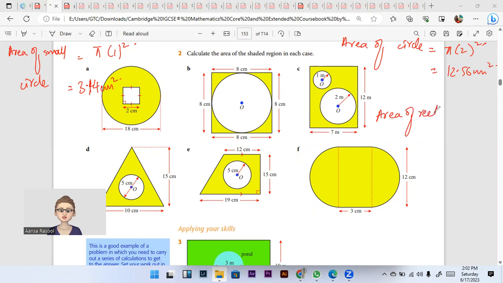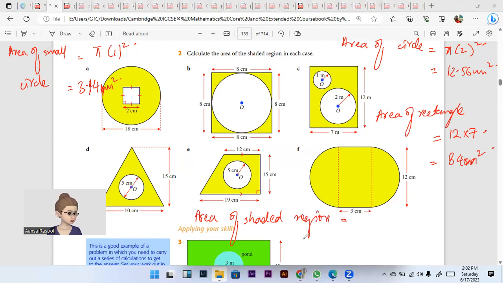So the area of the rectangle is 12 into 7, which is 84 meter square. Sorry, the unit used over here is meter square. So how do you find the area of the shaded region over here? You find the area of the shaded region by subtracting the area of the small circle and the area of the bigger circle from the area of the rectangle.